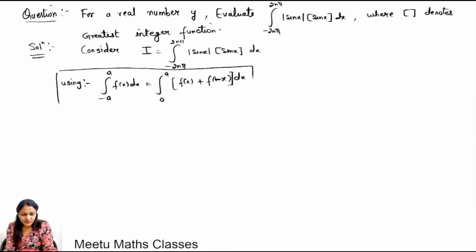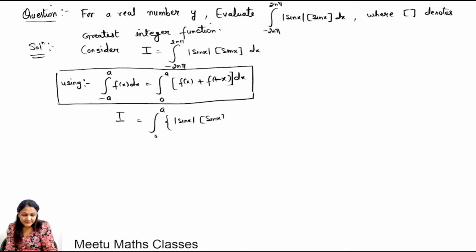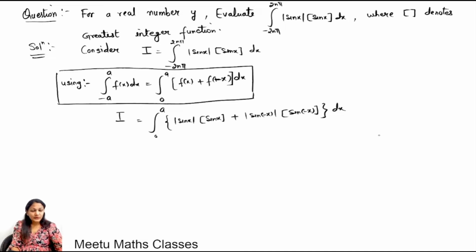if you use this property here, I can be written as integral 0 to a, where f(x) is modulus of sin x into greatest integer function of sin x, and f(minus x) is modulus of sin minus x into greatest integer function of sin minus x. Okay. Now we know that sin of minus x can be written as minus sin x.